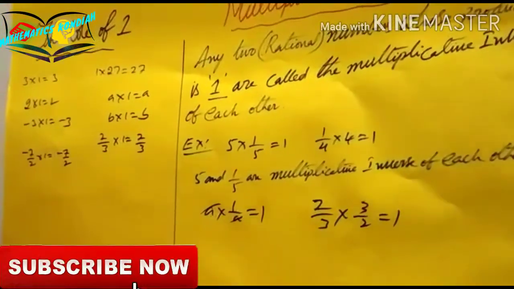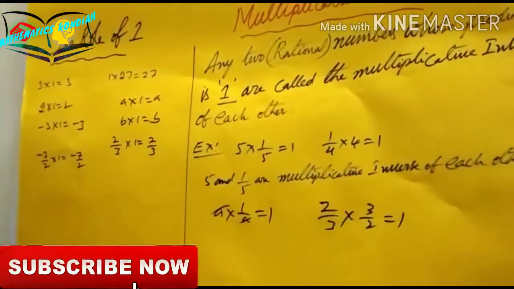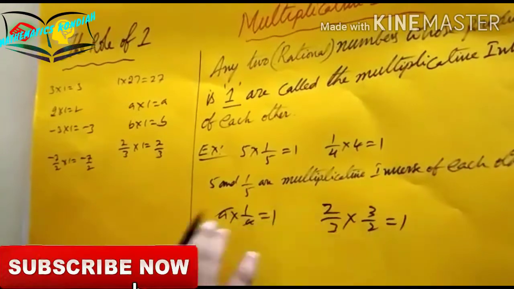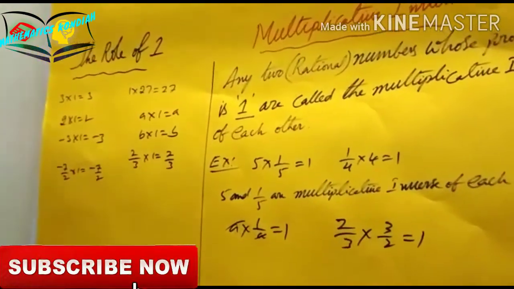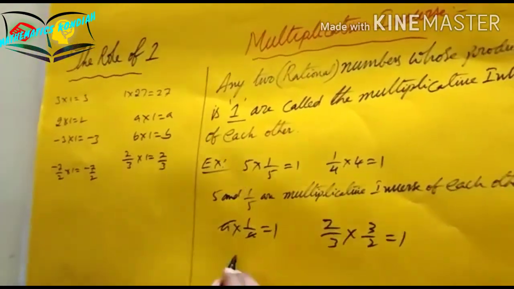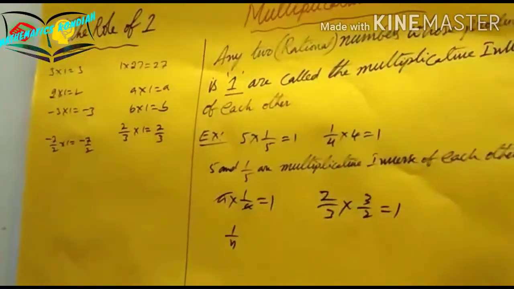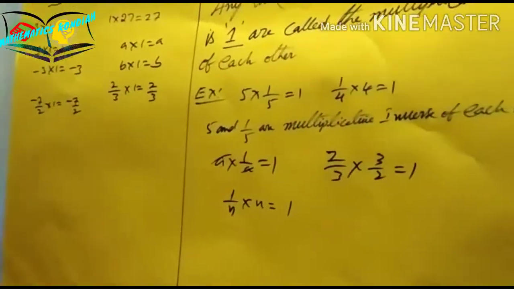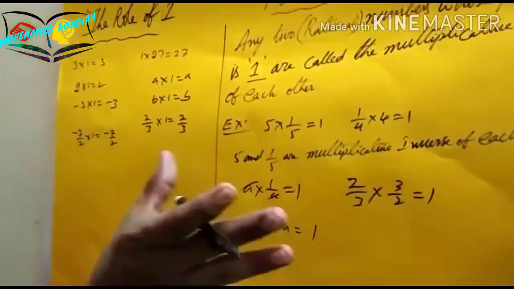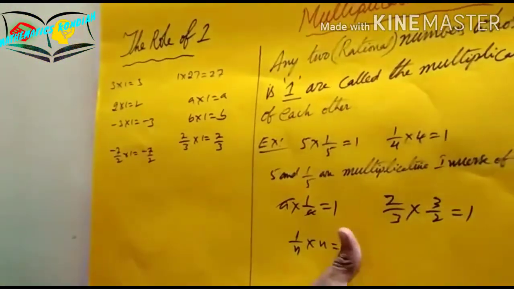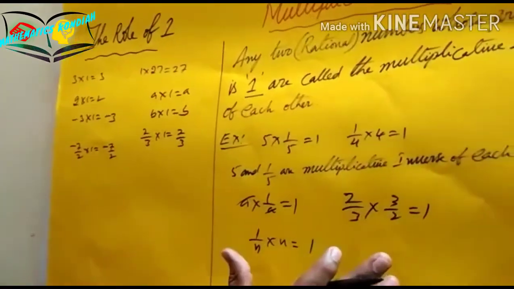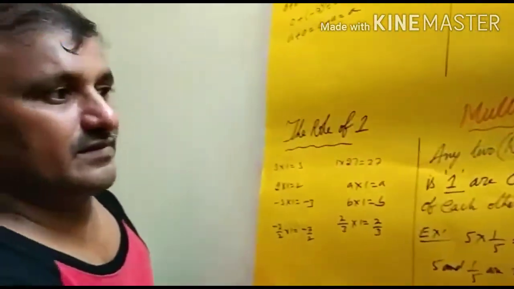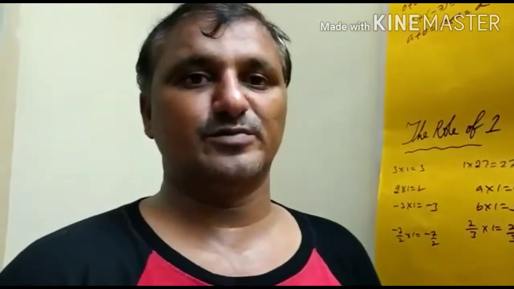Therefore, 2 by 3 and 3 by 2 are multiplicative inverses of each other. For example, see 1 by n: the multiplicative inverse of 1 by n is n, and the product is equal to 1. This is the definition of the multiplicative inverse. Right. The remaining part we will discuss tomorrow.